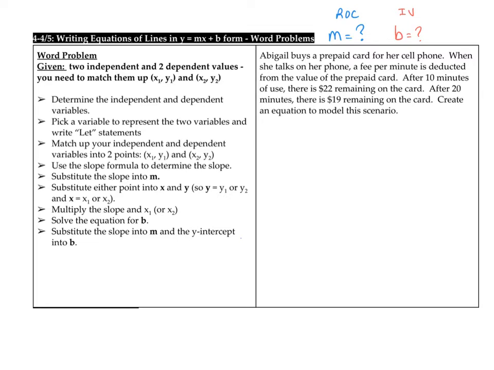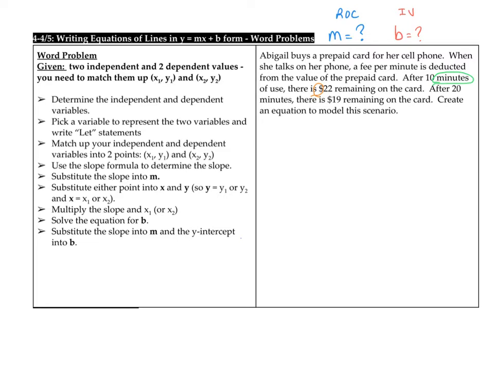One is going to be the independent variable, and one is going to be the dependent variable. So you get that information from these questions. They're going to give you two values, such as here. After 10 minutes, there is $22 remaining on the card. So one variable is time in minutes, and the other variable is the amount of money on the card.